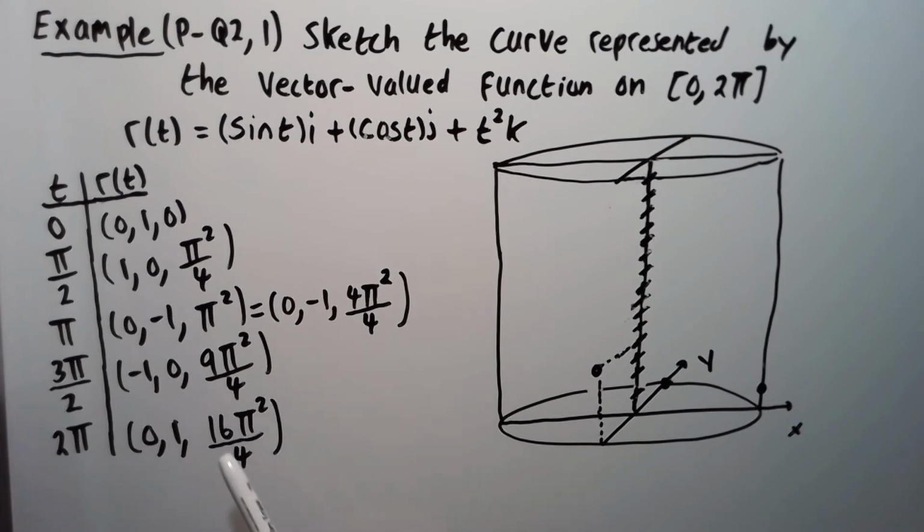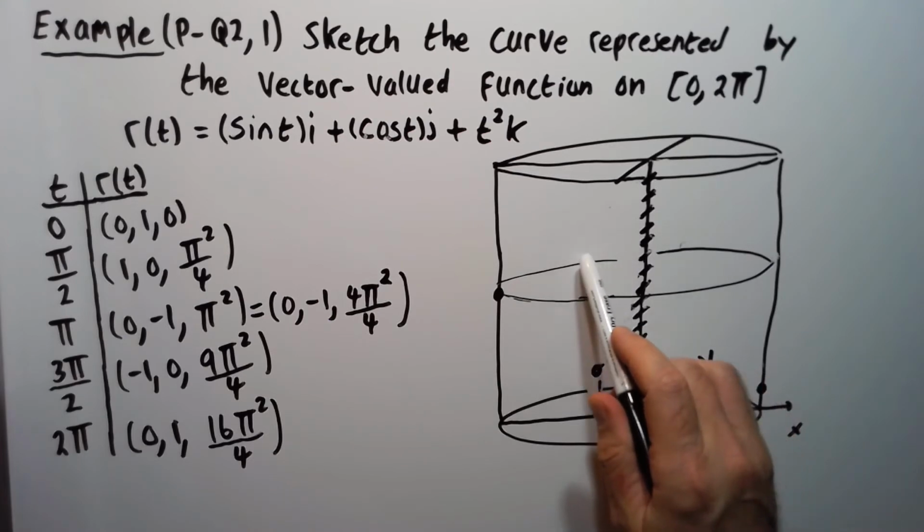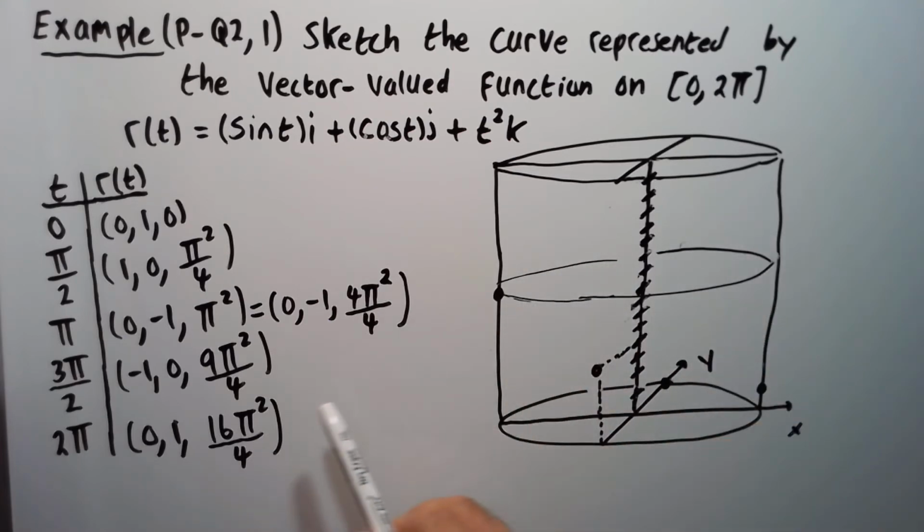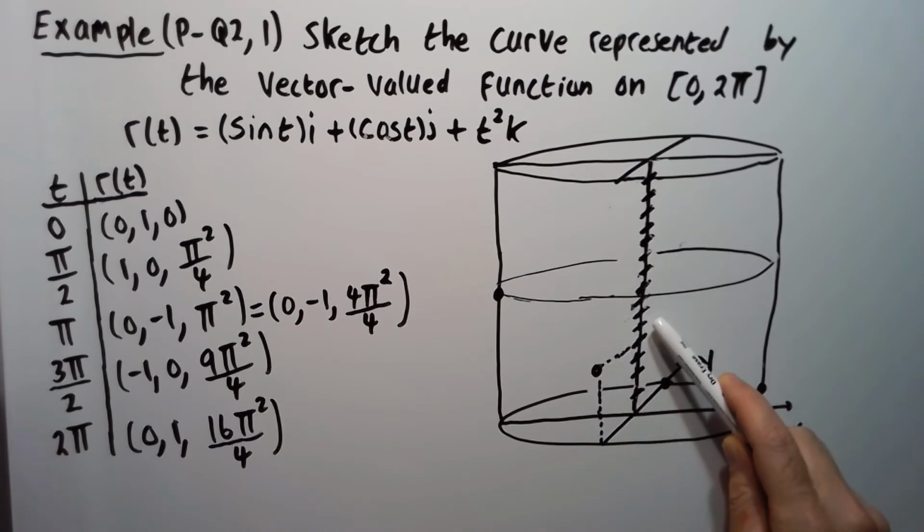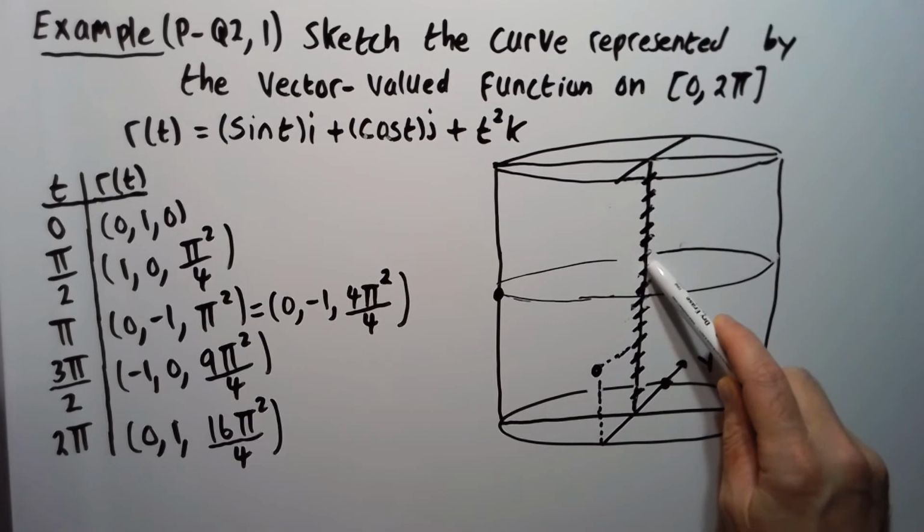Let's do now the negative 1, 0, 9 pi squared over 4, let's do that one next. Okay, so what I've done is drawn a circle here at the height 9 pi squared over 4, so it's pretty much up 9 tick marks here, so 1, 2, 3, 4, 5, 6, 7, 8, 9, so right there.